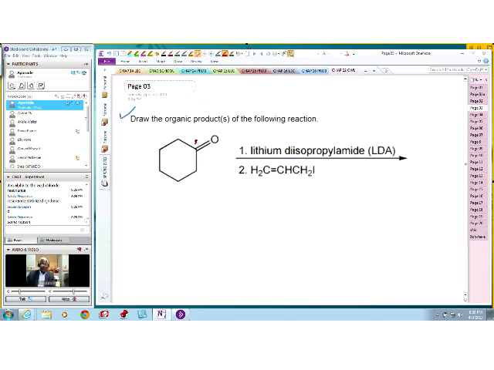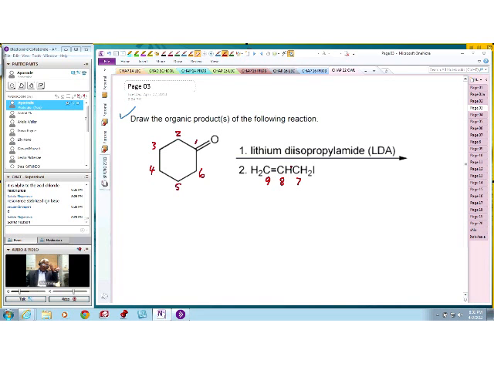So let me go ahead and label this carbon here: 1, 2, 3, 4, 5, and 6. Now let me also label this here. Let us say this carbon here is 7, this carbon is 8, this carbon is 9.